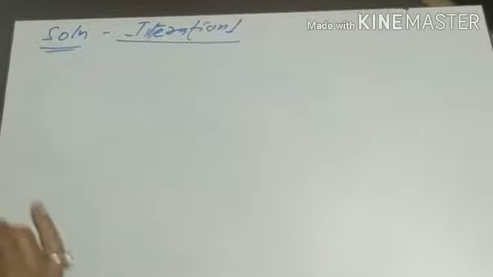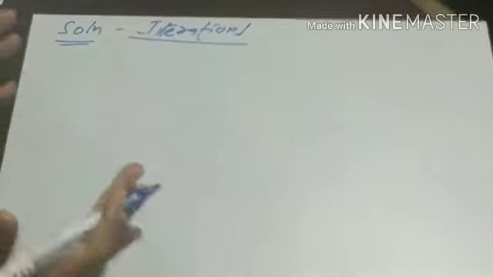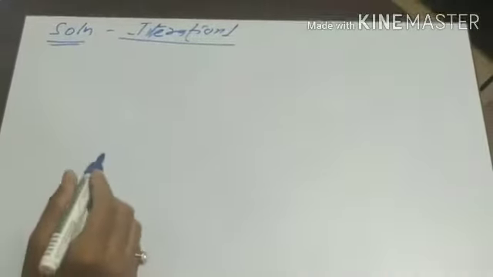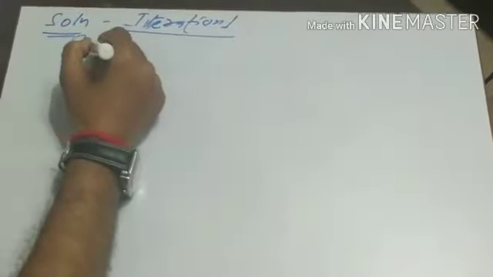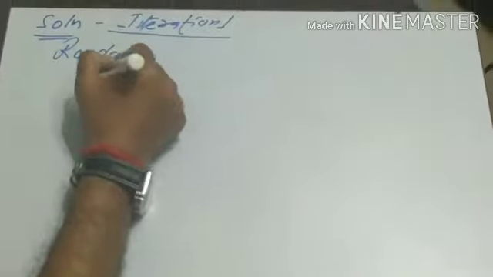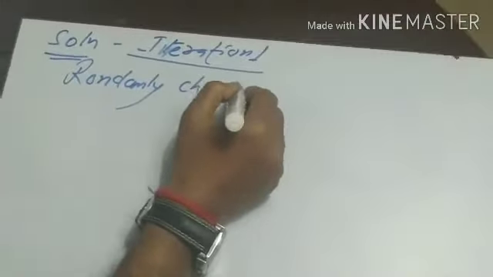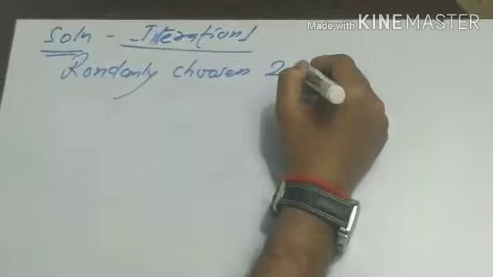What is this algorithm? Since we have to divide these 4 points into 2 clusters, we randomly choose 2 points.